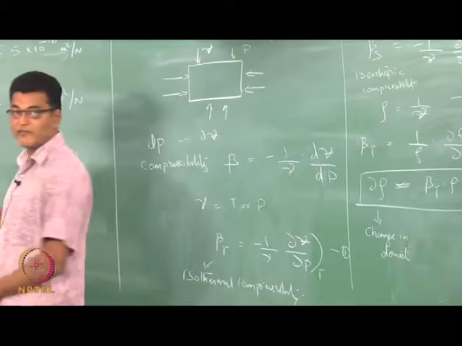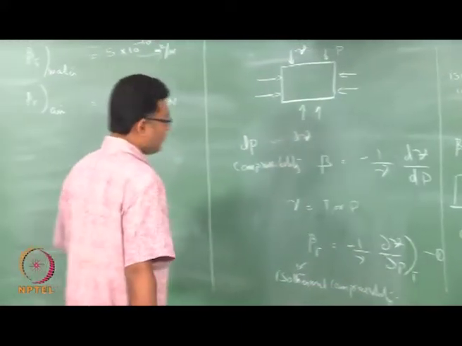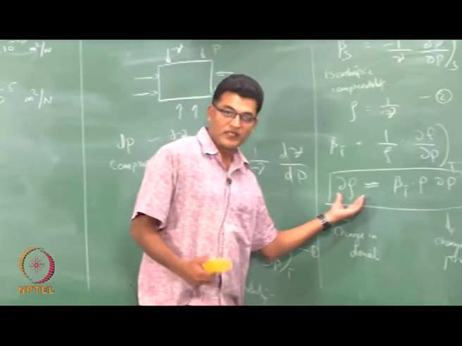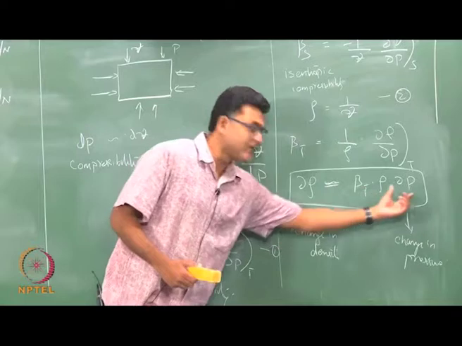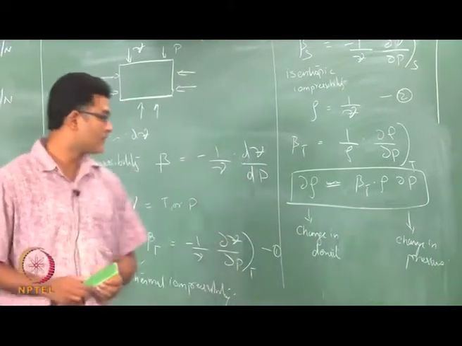So, the compressibility of air is 5 orders more than water, which means that a flow of air is likely to be compressed for the same delta P as in the case of water. Okay.